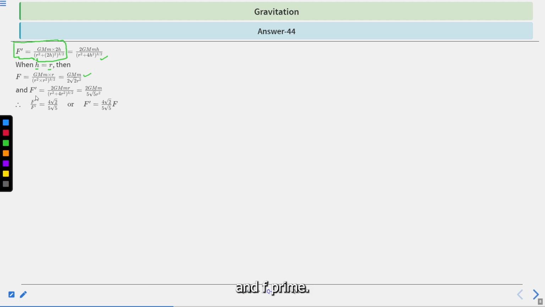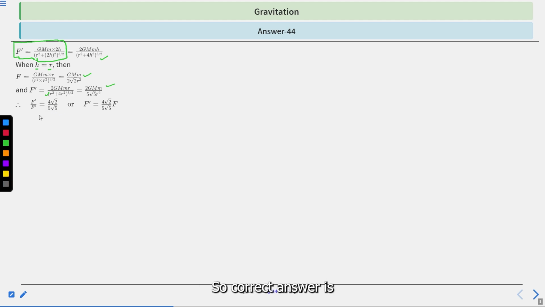And F prime is 2 G m m divided by 5 root 5 r square after solving this term. So the ratio is 4 root 2 divided by 5 root 5.